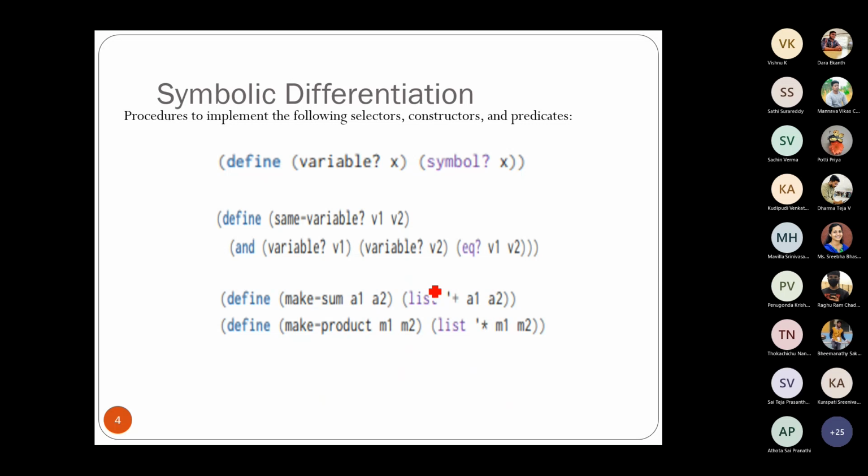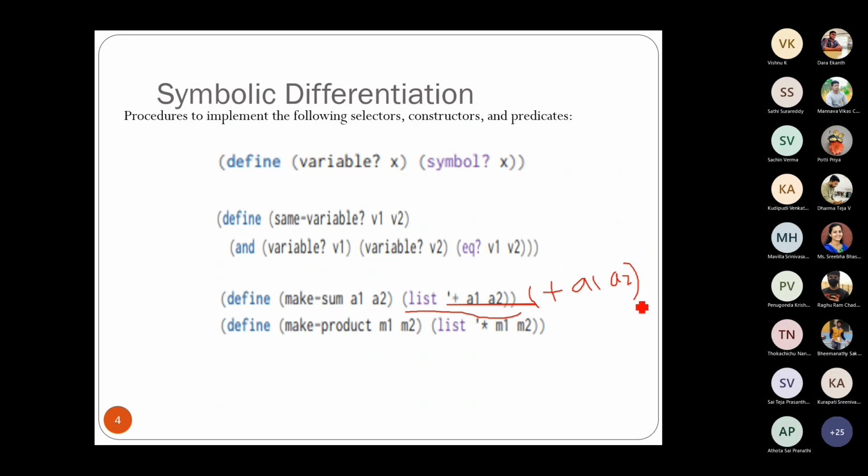See here, define make-sum A1, A2. You have to construct a list in which the plus symbol will be the first data, so you have a single quote plus and then A1 and then A2. So A1 is here and then A2 as the next data for the list.